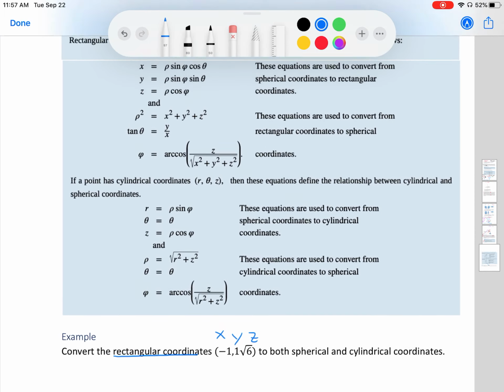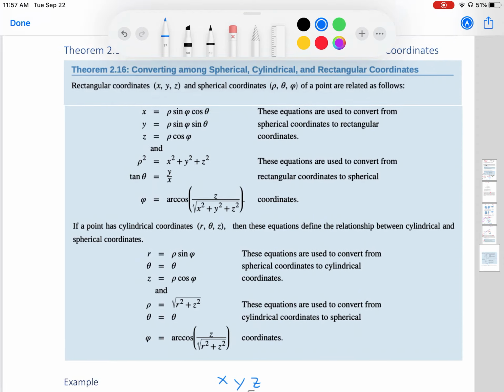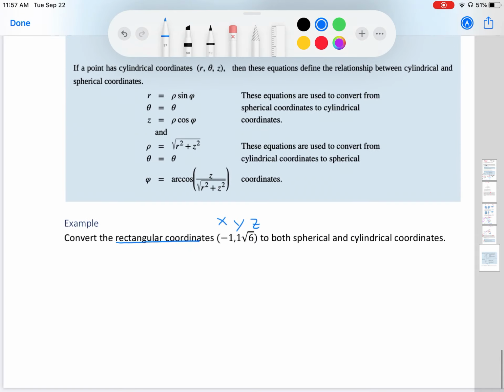To come up with spherical, I need to come up with a phi and a theta so that I can use those within my spherical coordinates rho, theta, and phi. So to begin, just to have a game plan, I want to go from x, y, z to spherical, which is rho, theta, and phi.